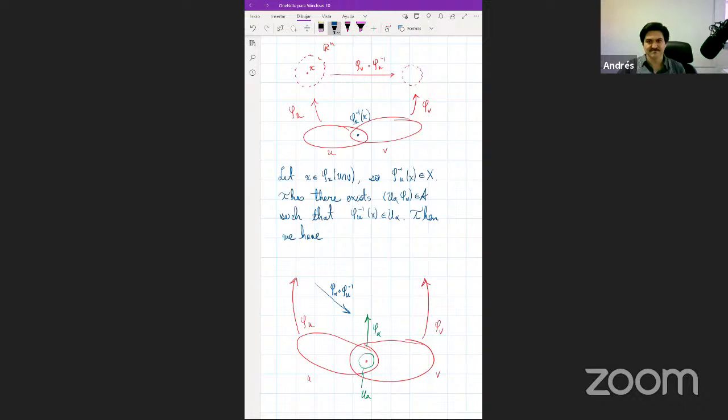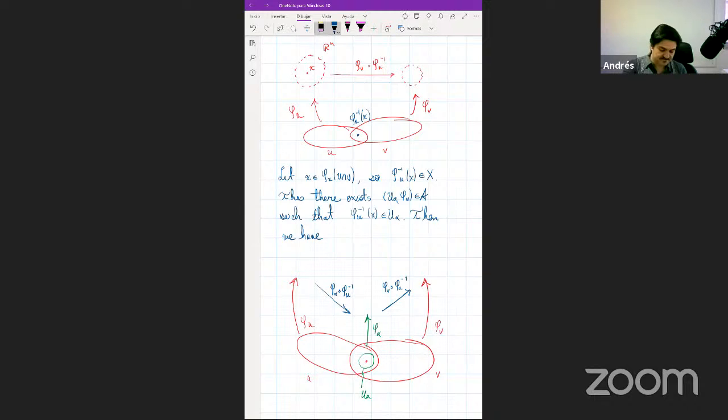Is that clear? And I'm going to have here also another function, which is, okay.